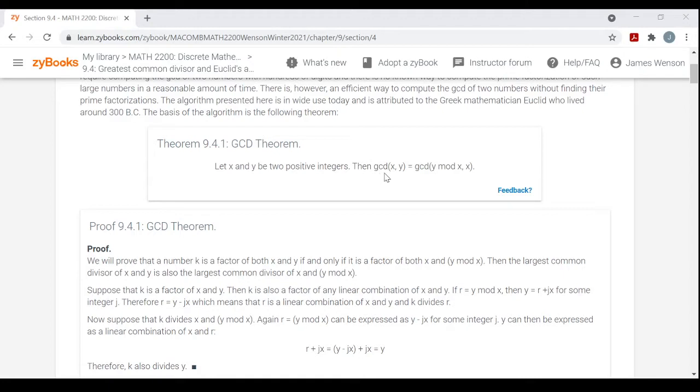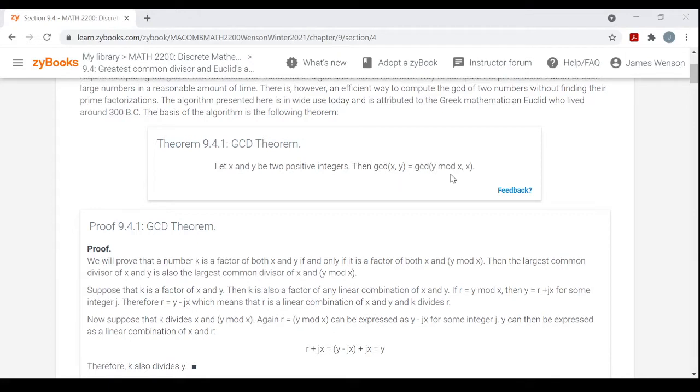Then the greatest common divisor of x and y is equivalent to the greatest common divisor of y mod x and x. Now remember, y mod x is just the remainder when you divide y by x. So I guess they're going to assume here that y is greater than x, right? Because if x were greater than y, you're not going to be able to divide y into x.